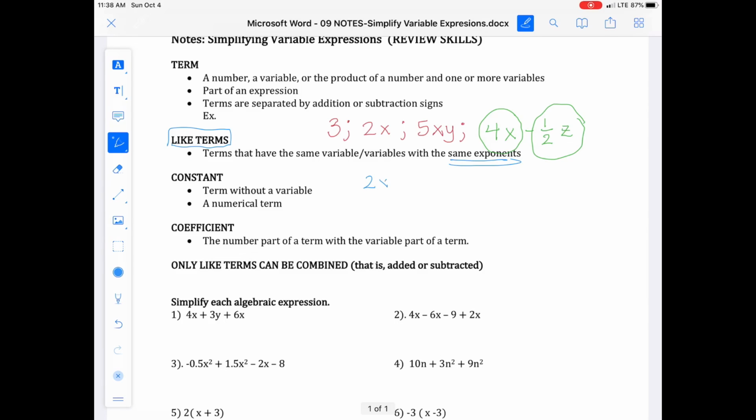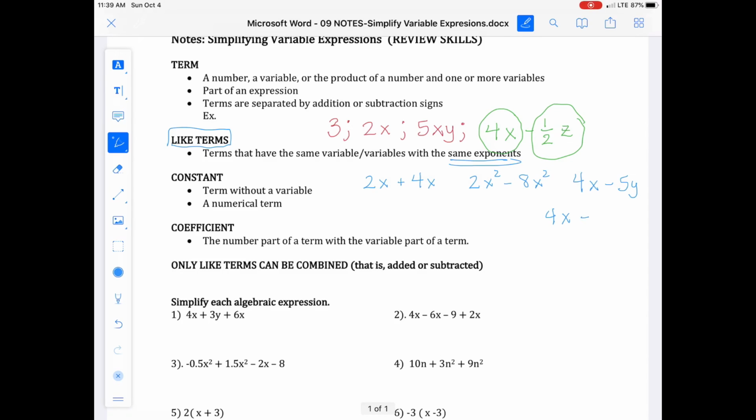For example, 2x plus 4x are two like terms. 2x squared minus 8x squared are like terms because they have x's and they are both raised to the second power. But 4x minus 5y are not like terms.